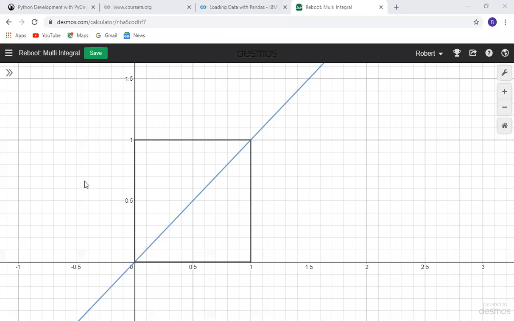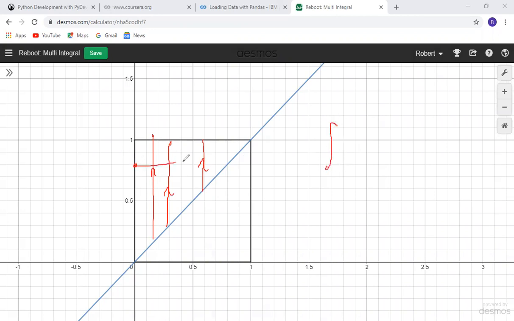Okay, so this is what we're integrating. And when we look at the integral, y goes from x to 1. So the y integral is on the inside and it goes from x to 1. Now what we want to do is change the order of integration and do the x integral on the inside.